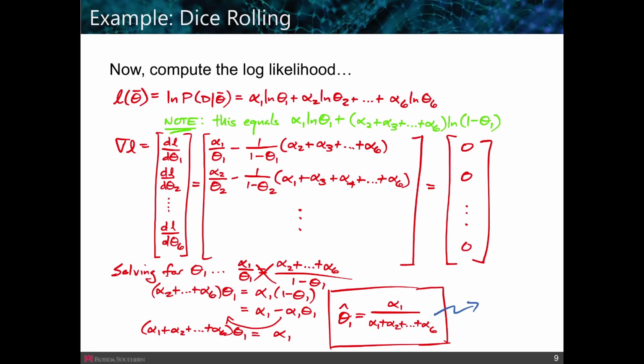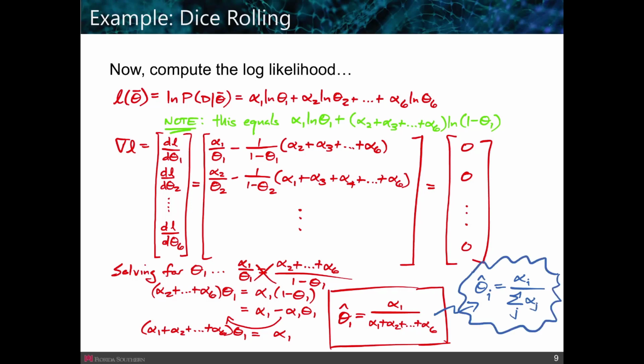More generally, we can say that the estimate of any of our parameters, probably shouldn't use k here, is going to be equal to the number of times that we saw that particular instance divided by the sum of all of the alphas. Let's summarize.